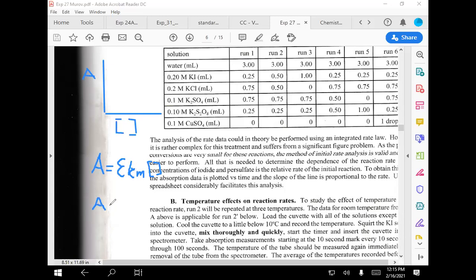So the absorbance is proportional to the concentration. That's what's important to us. There's a direct relationship between the absorbance and the concentration because we could get a constant here and the path length is a constant. So this is what we're going to be able to use.